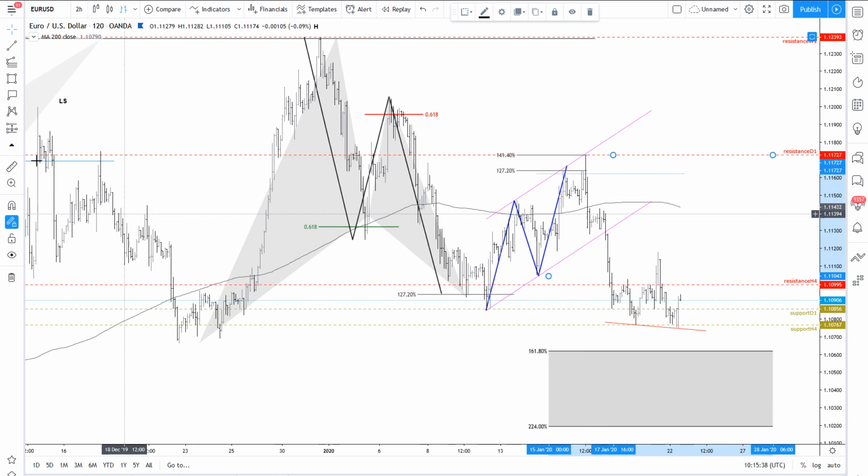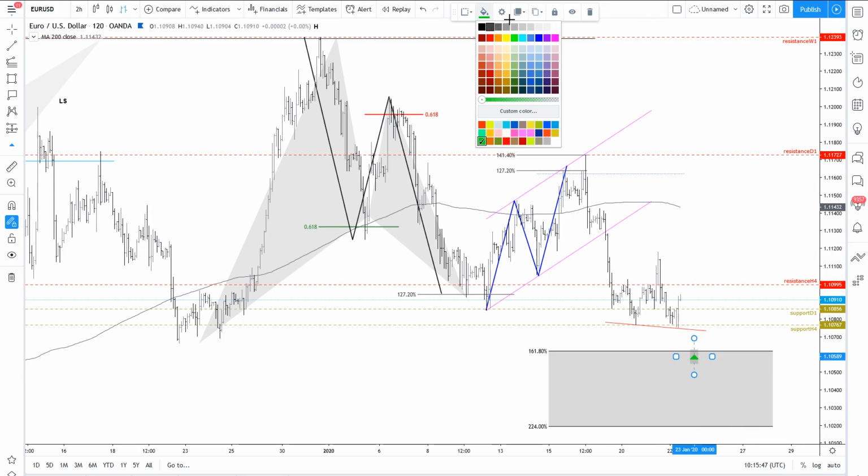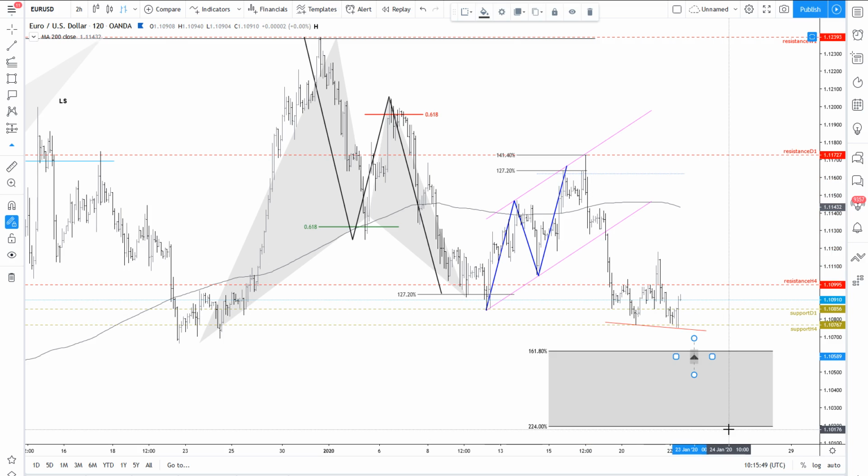Those are the two levels that I will start to pay attention to. If the DXY, dollar index, starts to trade higher, we may see euro versus dollar starting to trade lower. And if that happens, I will pay attention to those two levels.